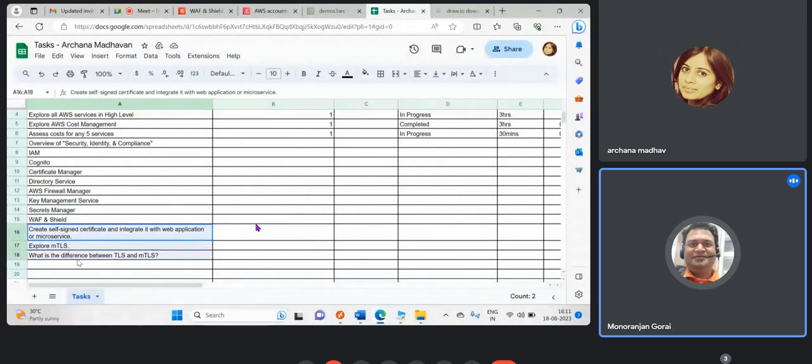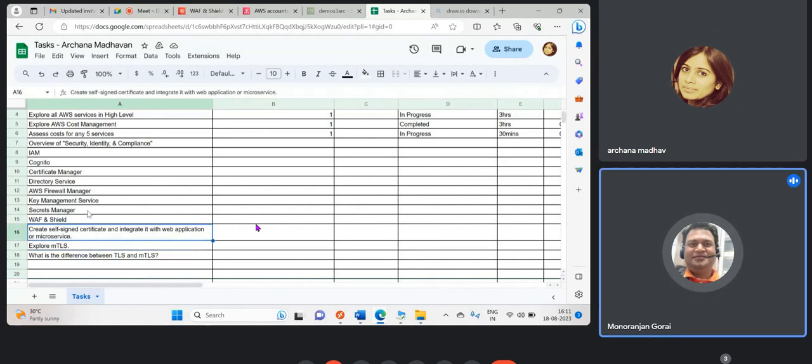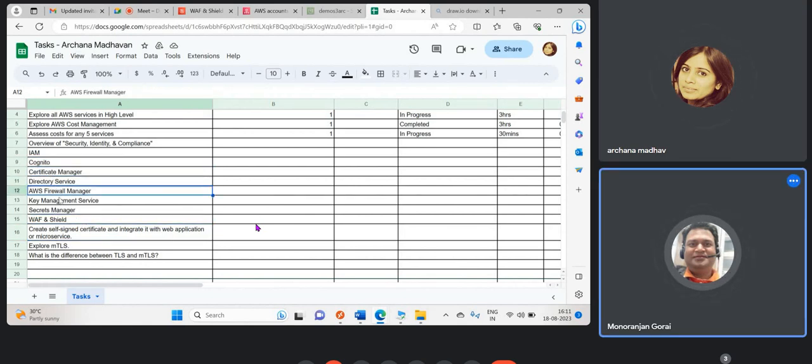This task you wrote today, row number 18, 16 onwards, those three, four, you go through, and then I will come back. If you see, I have written those already: Cognito, Certificate Manager. Those are whatever I have mentioned there, you can target those. Those are the most important.